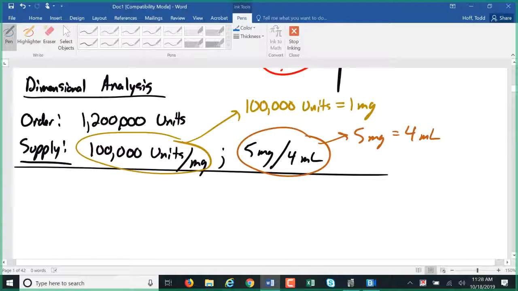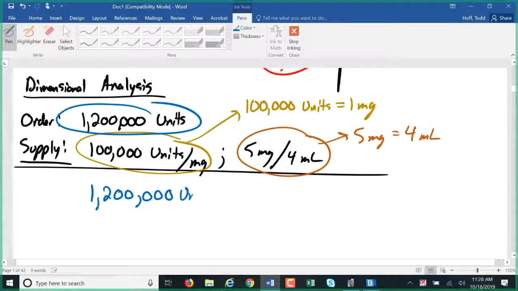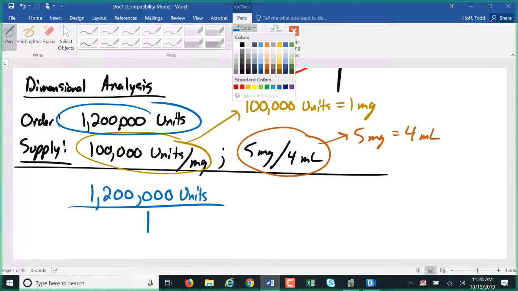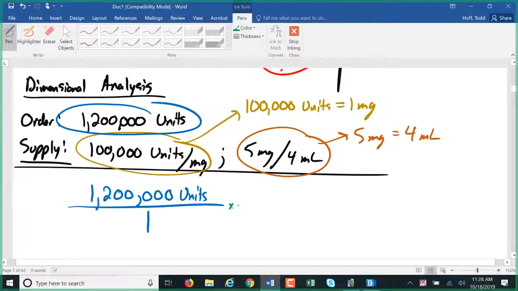So I'm going to start out with the given information, which is my doctor's order: 1,200,000 units, and I put it over 1. Well, I want to get rid of units, so I'm going to put units on bottom here.